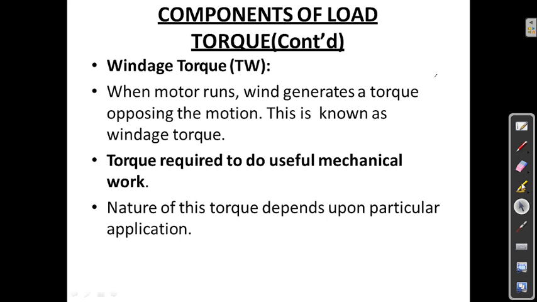If the motor is running clockwise, it will oppose that running. If it is running anti-clockwise, it will go into clockwise. That is the thing we are saying here. It is a wind-generated torque opposing the motion. Then there is the torque required for useful mechanical work.